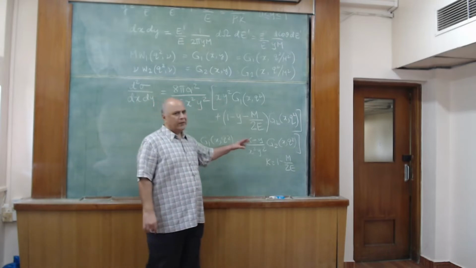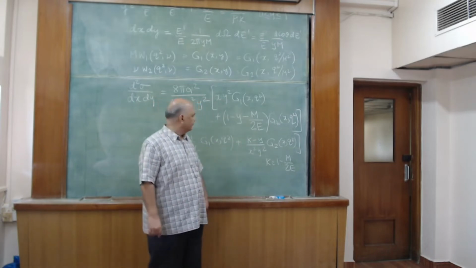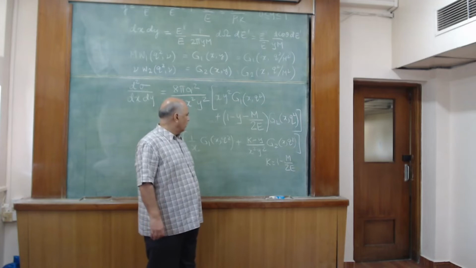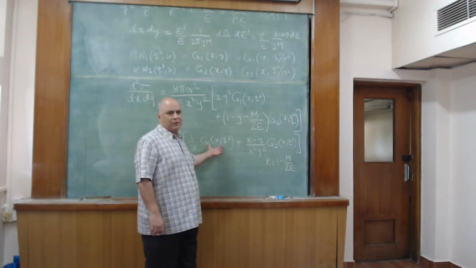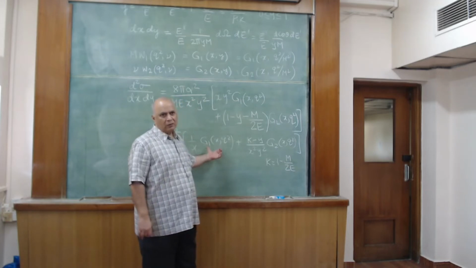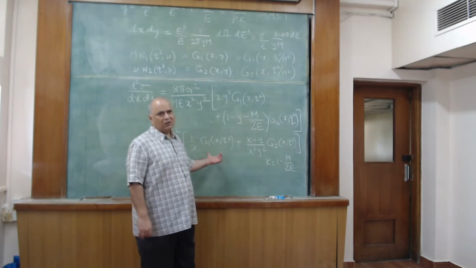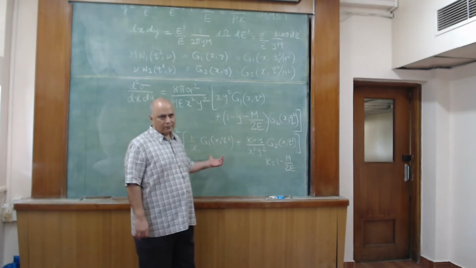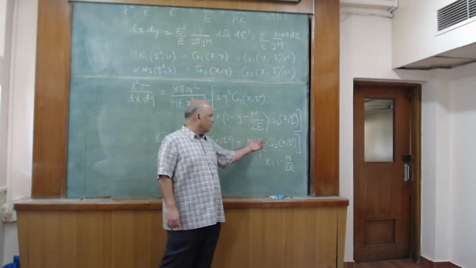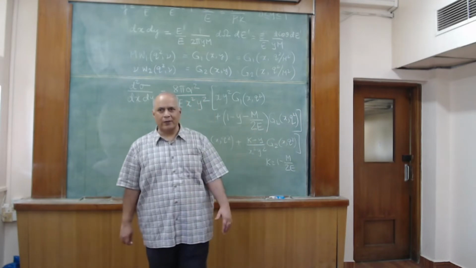In a given experiment, that's a constant. So that enables me to find what g1 of x comma q square is, and g2 of x comma q square is.